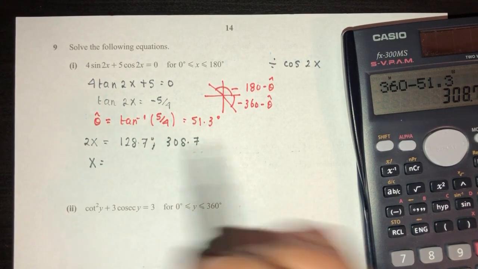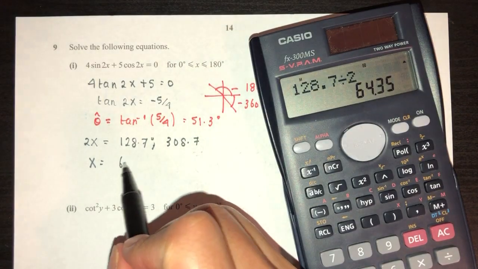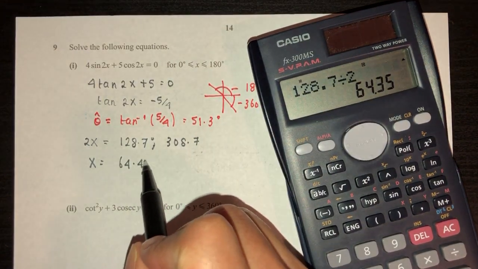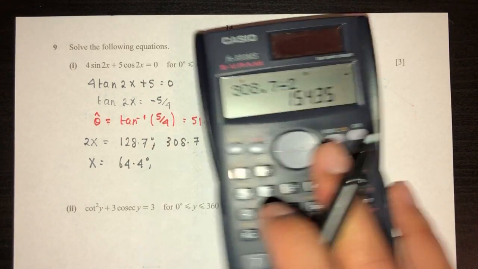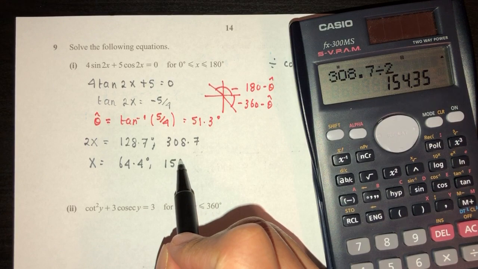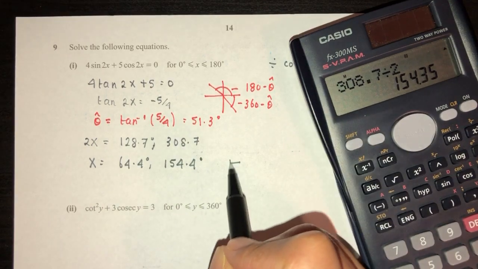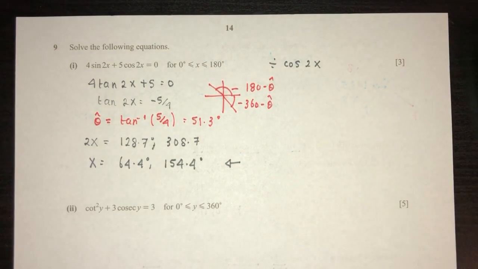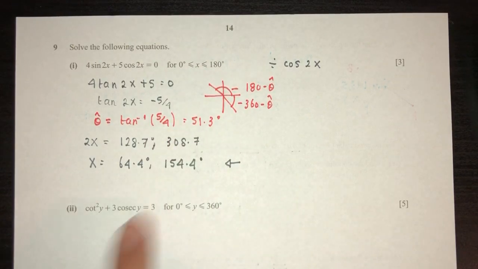So x will be 128.7 divided by 2, that will be 64.4 degrees, and then 308.7 divided by 2, that will be 154.4 degrees. That will be your answer for part 1. For 2 values. Of course, you have to check they are inside this domain.